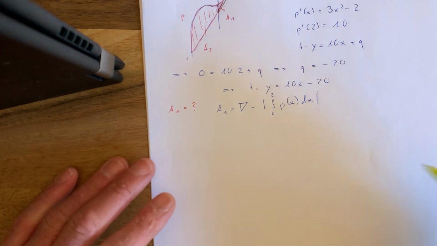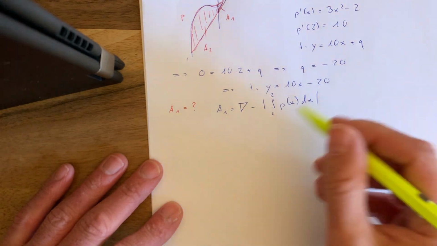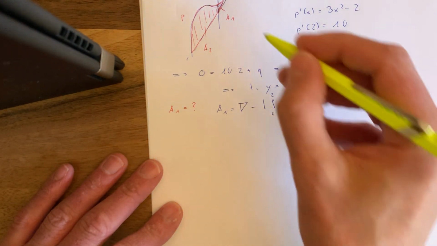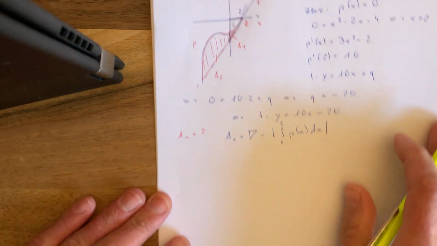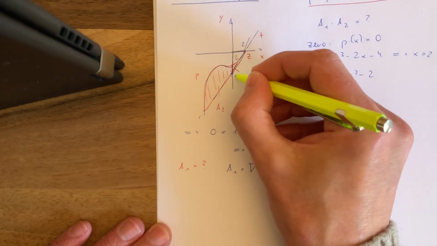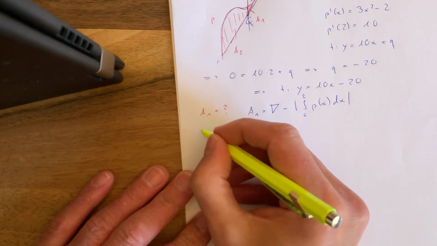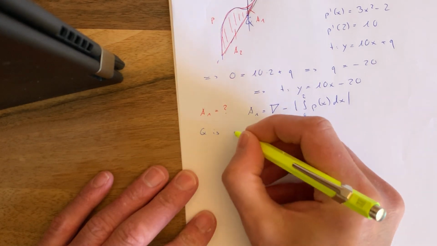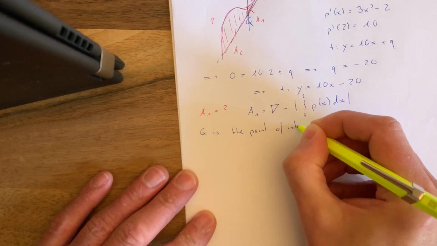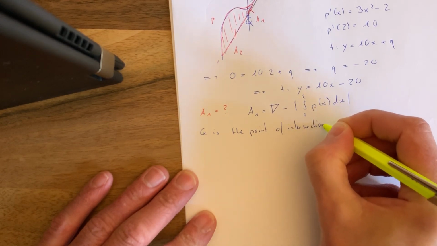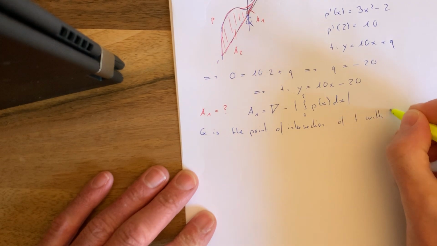So in order to calculate, well, we can calculate that integral. That's not a problem here. The only thing we need in order to be able to calculate the triangle is we need this point here. So let's maybe call that point Q. So Q is the point of intersection, well, of the tangent with the y-axis.